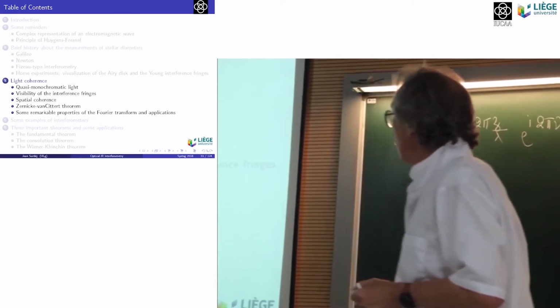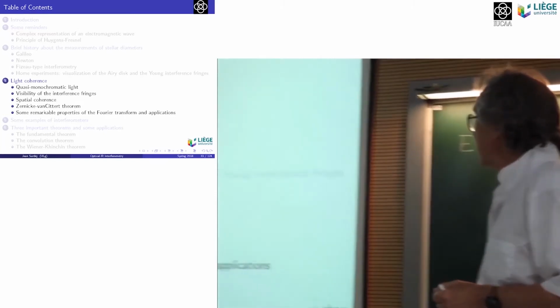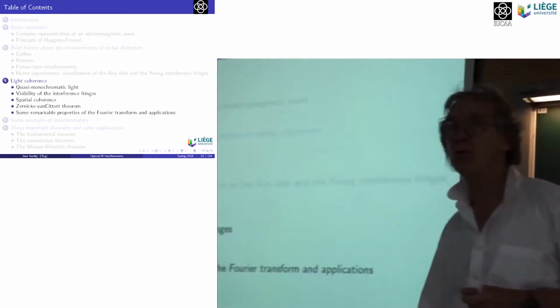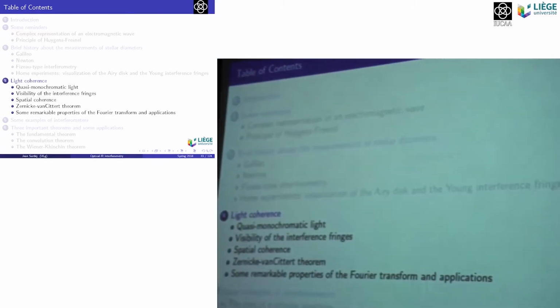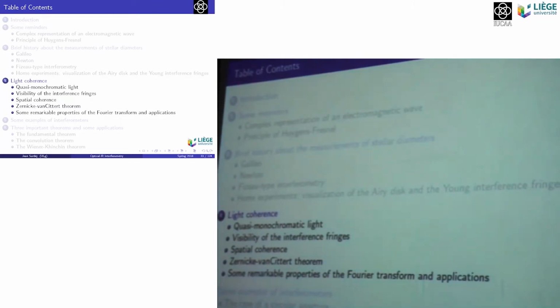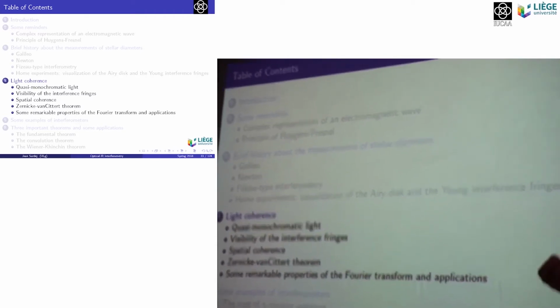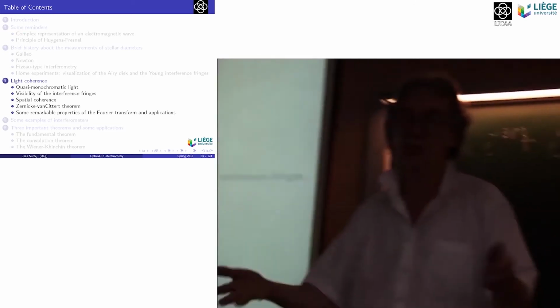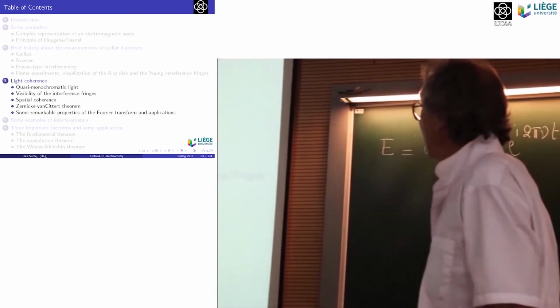Then came Fizeau and Stefan, who proposed to derive the stellar diameters of stars by observing most of the bright stars with the 80 centimeter Marseille telescope, and they could not see the disappearance of the fringes, while using the mirror as a basic interferometer.